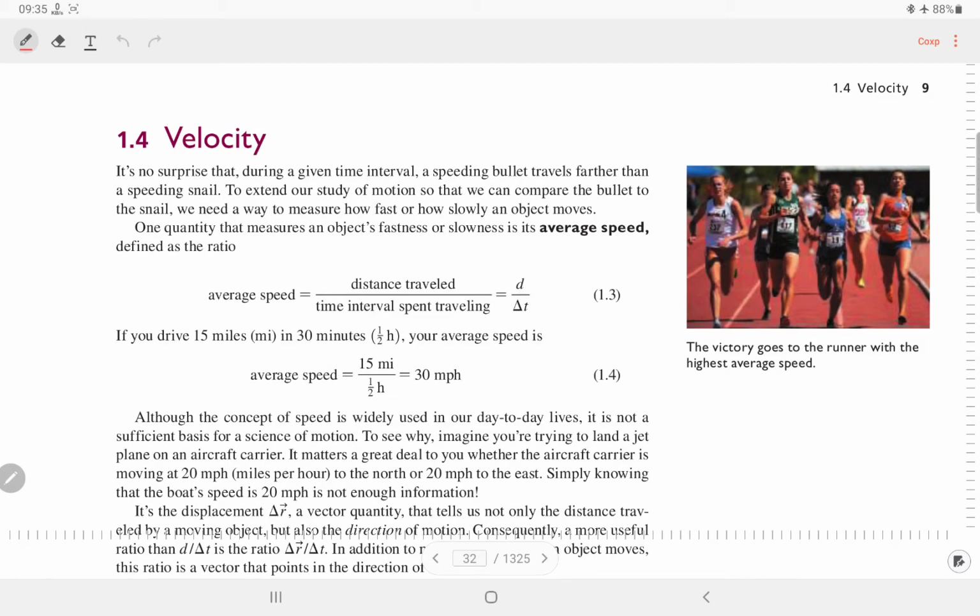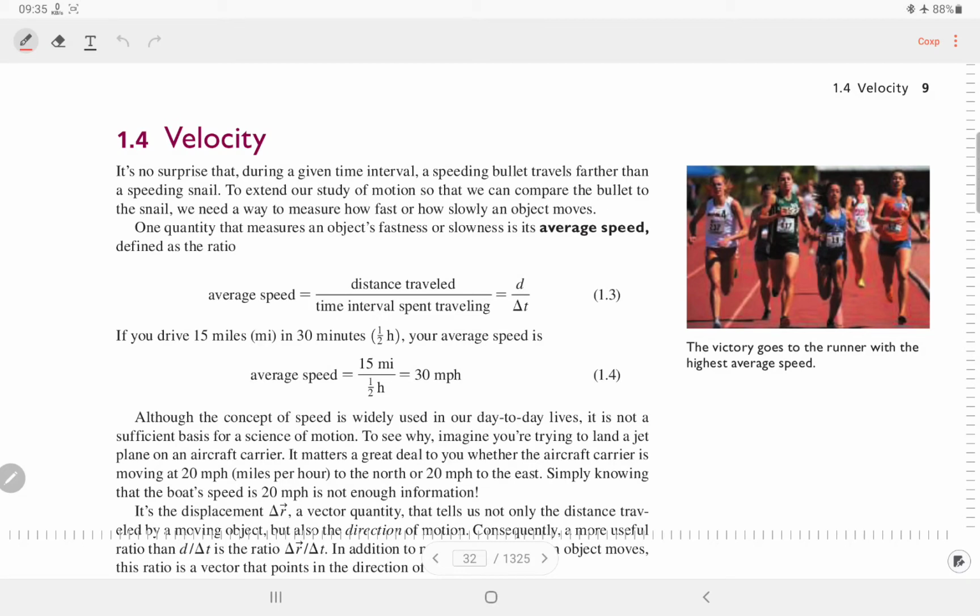Now let's come to velocity. Velocity, this is also vector quantity. When you describe some motions in terms of velocity, it means you are giving information about its direction. So what is a velocity? Let's say 10 meters per second.